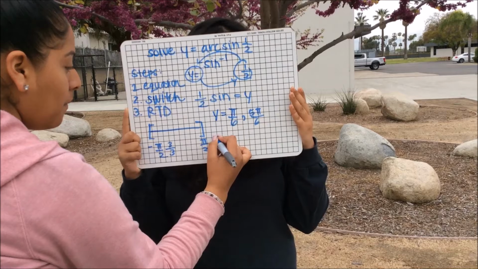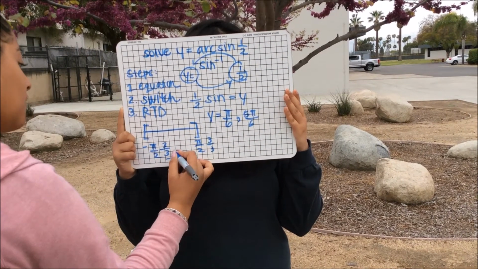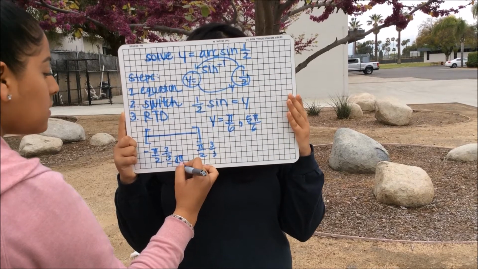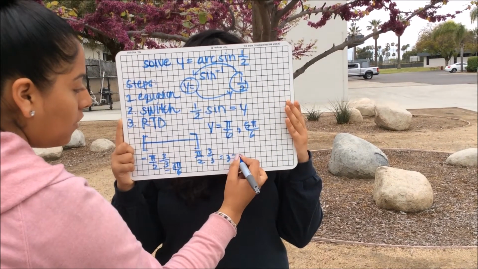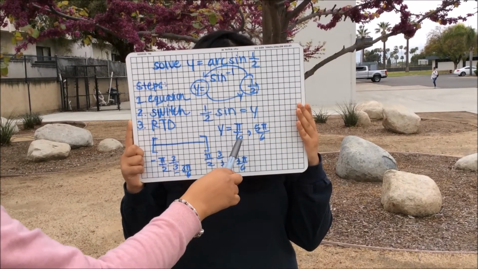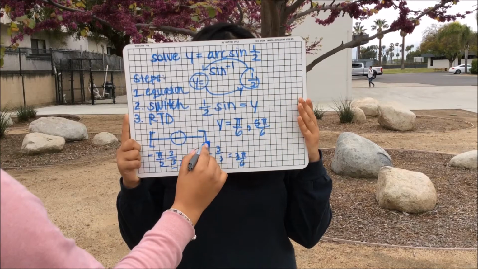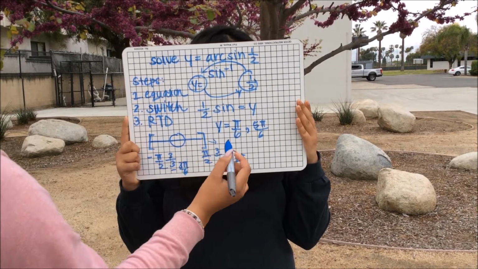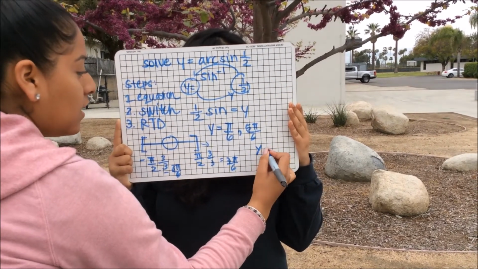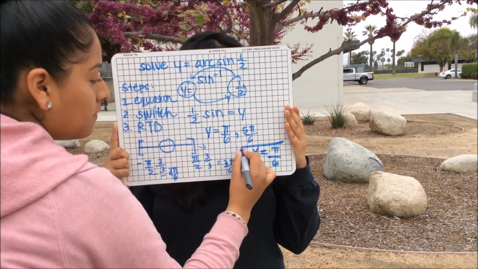So we multiply by 3/3, and then we get -3pi/6 and 3pi/6. Then we look at the domain and see that only pi/6 can fit inside, because 5pi/6 is past the domain. So our final answer is y equals pi/6.